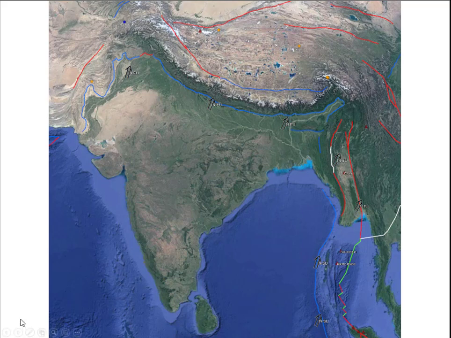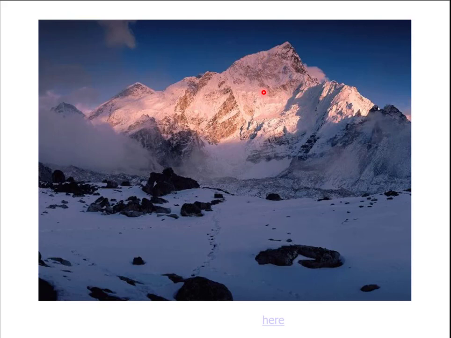Let me get my pointer going again here. And there we are. We can see India here, and you can see the arrow. It is still moving northward, about 5 centimeters a year, about the same speed that North America is moving westward, throwing up the Himalaya Mountains here, the tallest mountain range in the world. And of course, there's Everest, the tallest peak in the world.